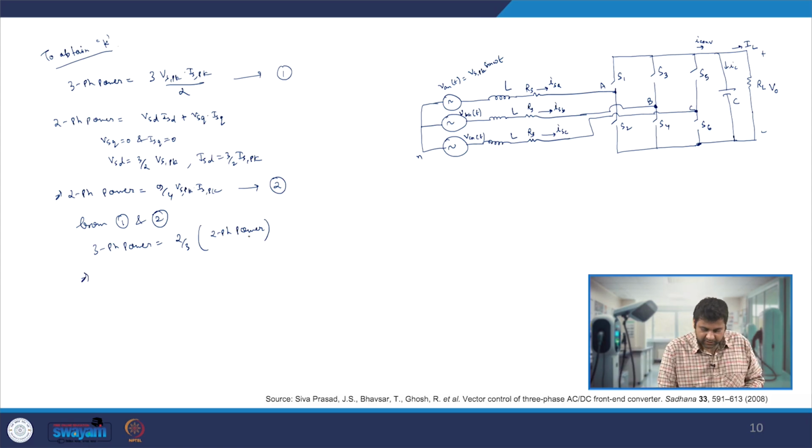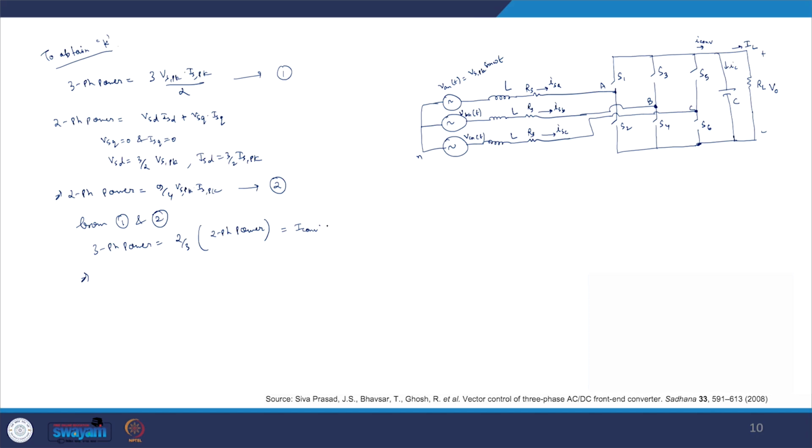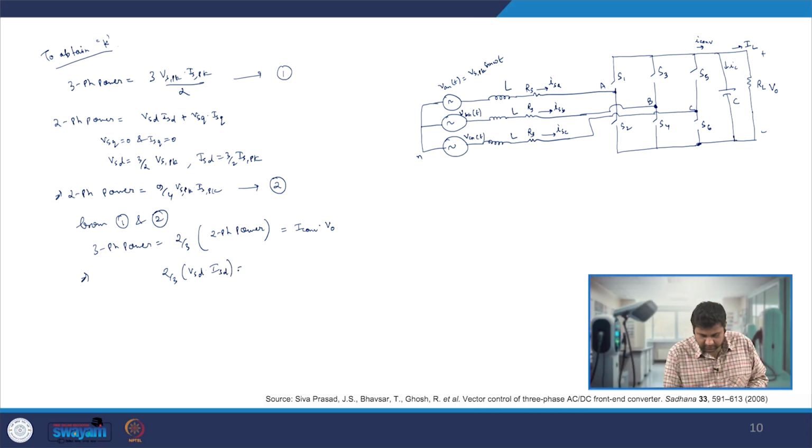And we know that the three phase power is also equal to I converter, what we are getting over here, times our V naught value, and that is when we will get 2 by 3 VSD times ISD equal to I converter V naught.